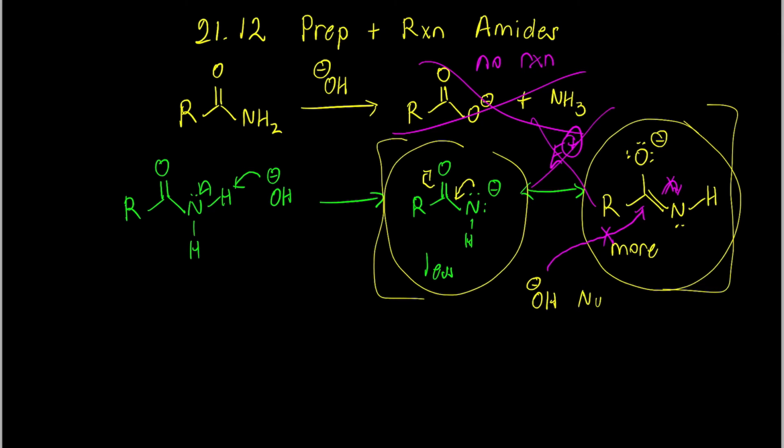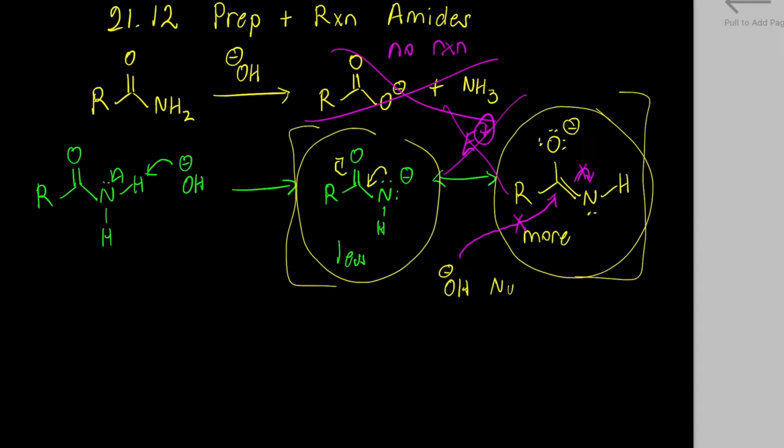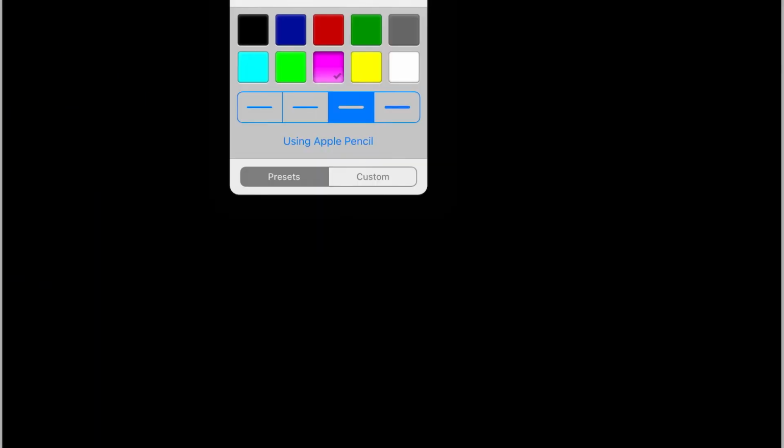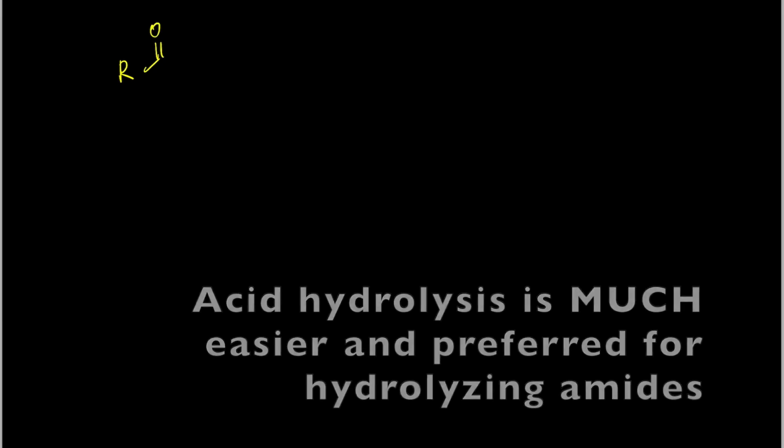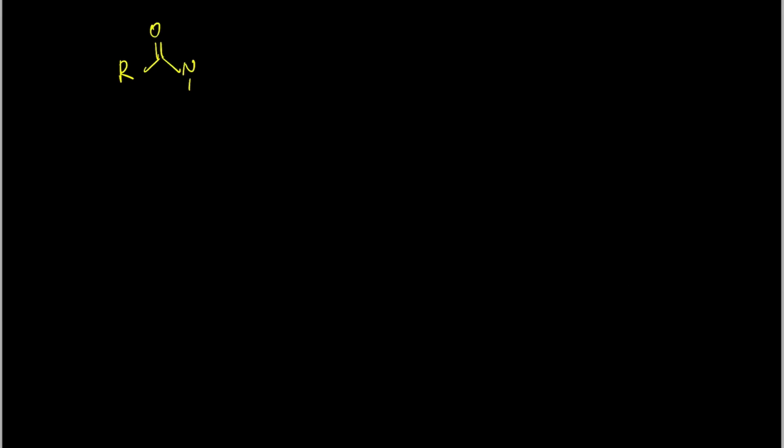Now, a reaction that you can perform is acid-catalyzed hydrolysis, okay? So let's go back to our amide here, and we're going to be adding H3O plus and heat, okay?